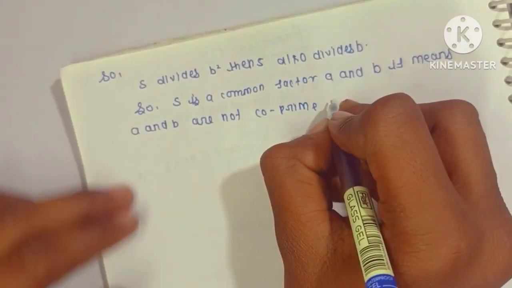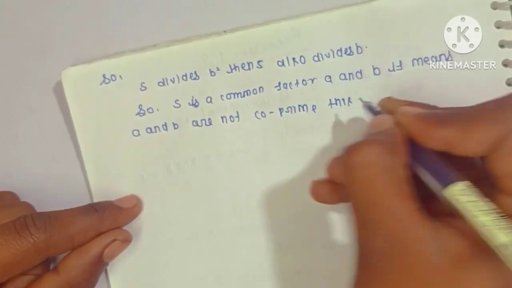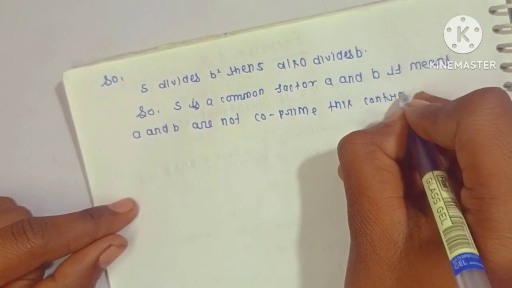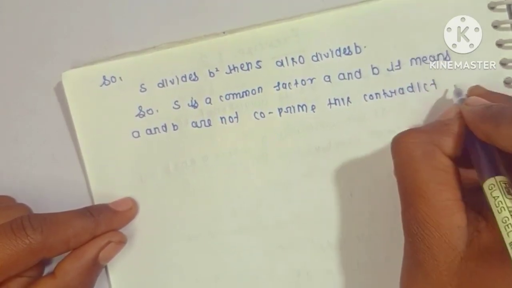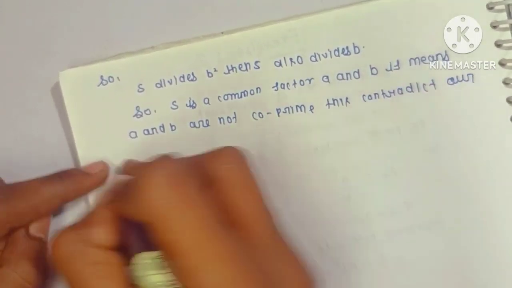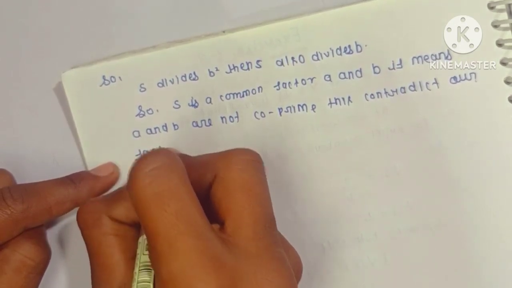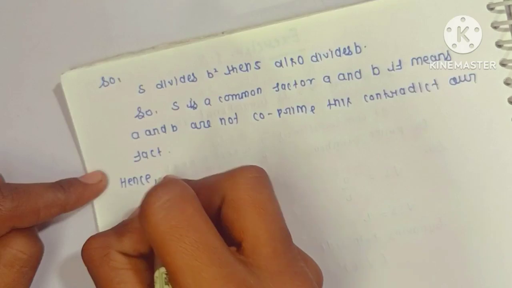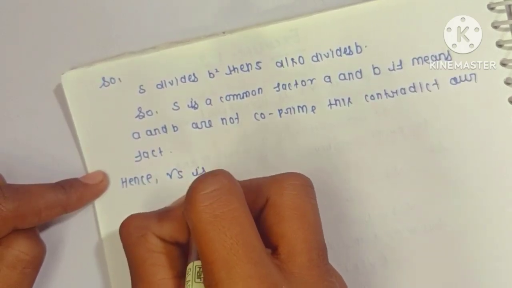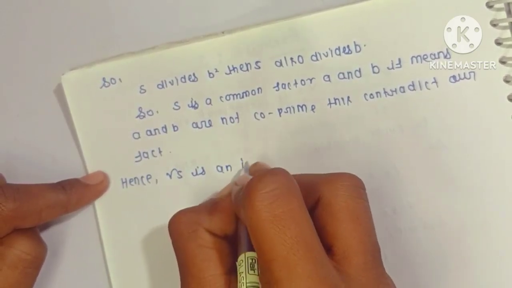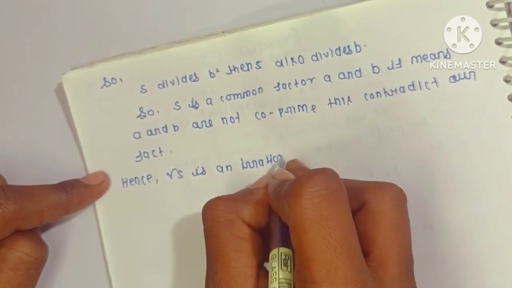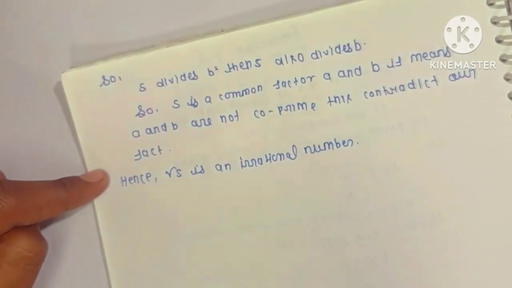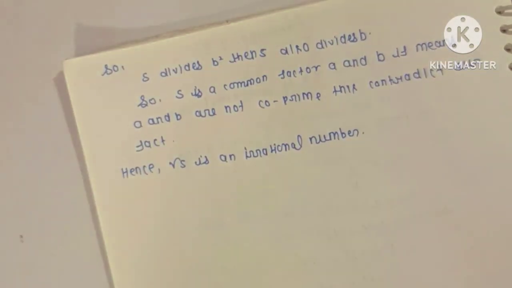This contradicts our fact. Hence root 5 is an irrational number. Proved.